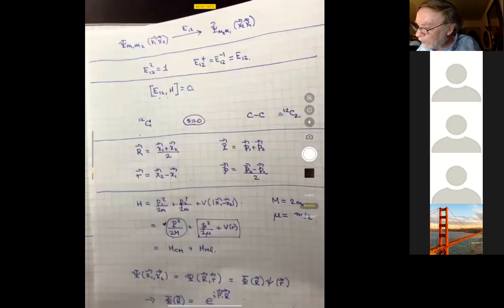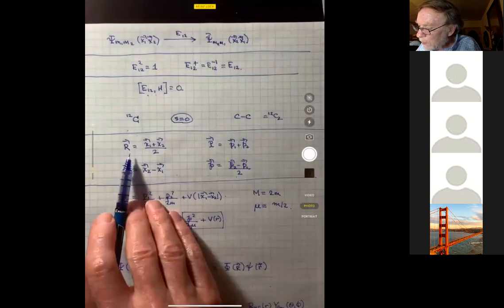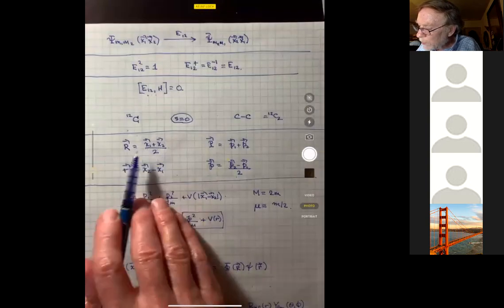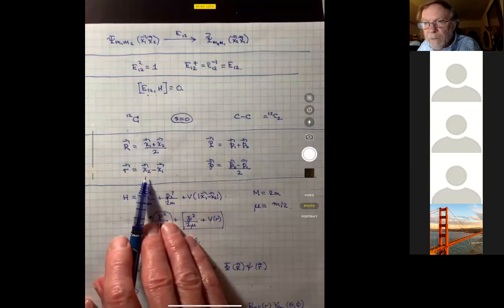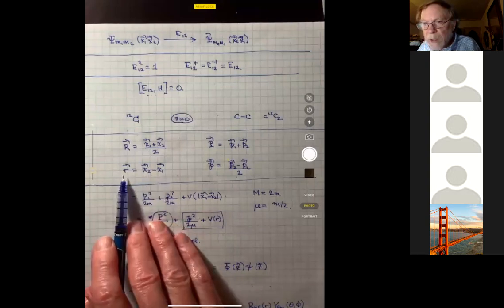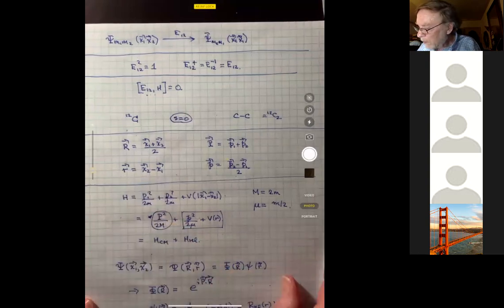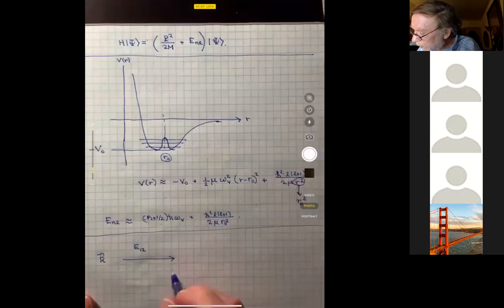Well, if I go back to the definition here, you can see that swapping coordinates 1 and 2 doesn't do anything to the center of mass. It's invariant under exchange. Whereas for the relative position vector, swapping 1 and 2 changes the sign. So we have these rules: capital R goes into capital R under exchange, whereas lowercase r goes into minus itself.